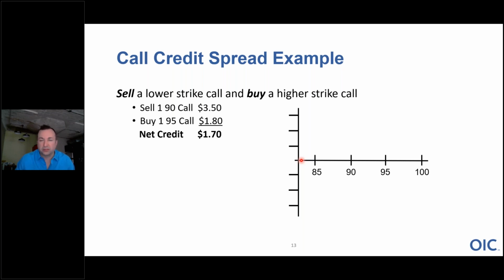There's no more element of uncertain volatility levels. We can select a stock price and calculate exactly what the option is worth given that stock price at expiration, because options are only worth their intrinsic value at expiration. So these graphs are always drawn with the expectation that we're at expiration.